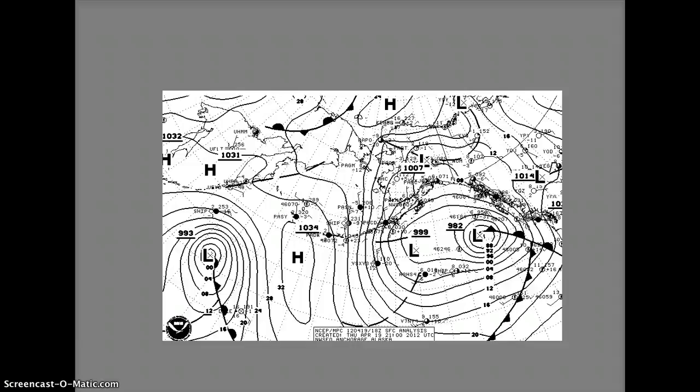The low pressure system dominated over the interior with a pressure of 1007, with the convergence of a warm front and an occluded front here, signaling a weather change and possible precipitation.